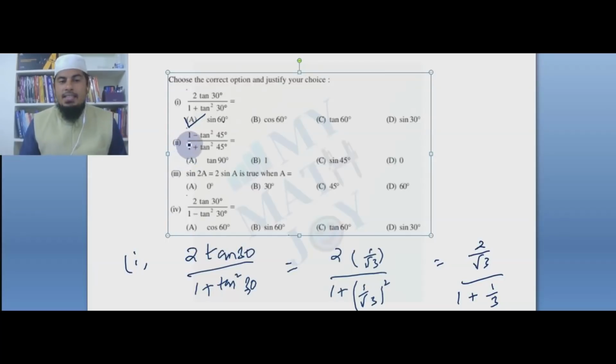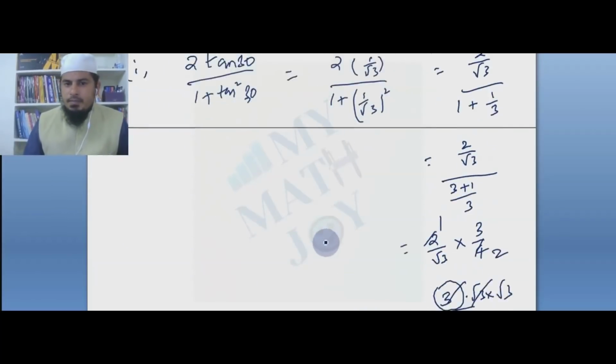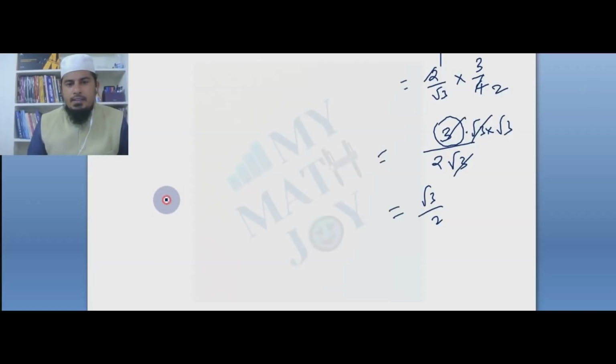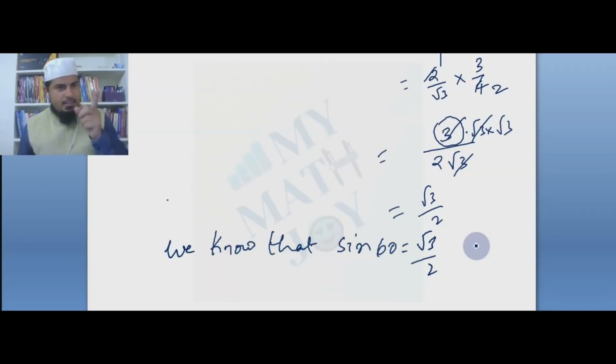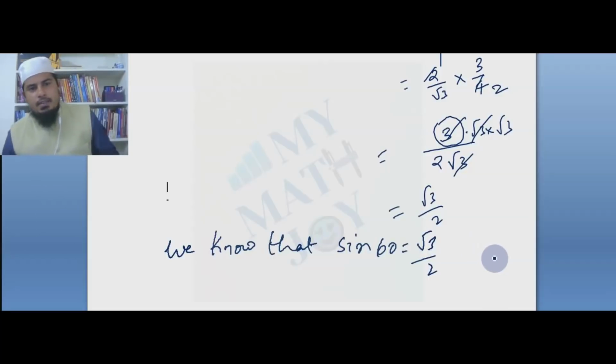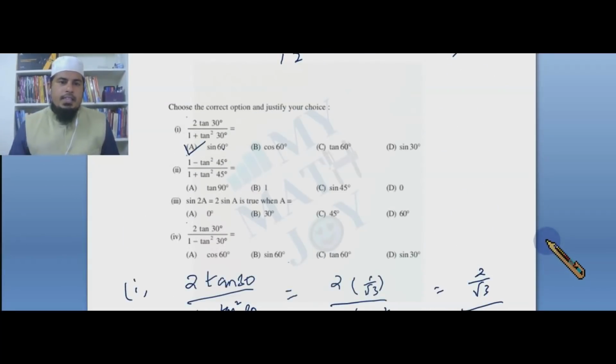Okay, as sin 60 you can write here, and we know that sin 60 is equal to root 3 by 2, hence the number 1 answer. This A will be the correct one. In similar fashion, you can try number 2, 3 and 4. Come on, you please try these answers.